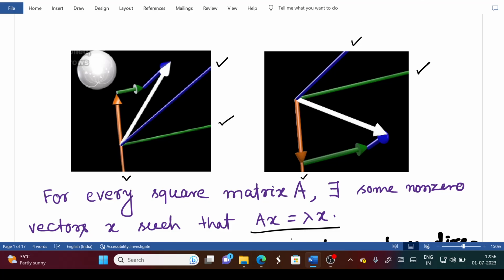Here the orange vector becomes a negative multiple of itself, and the other vectors' direction and orientation remain the same.